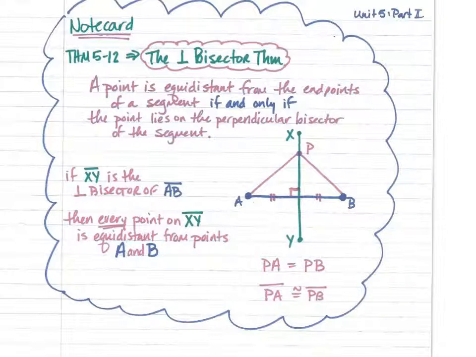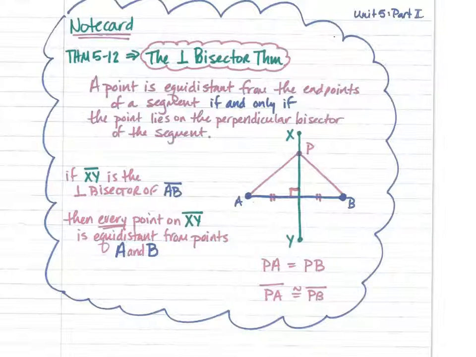Now the perpendicular bisector, and we'll talk a little bit more about this next week, is going to intersect the segment with a right angle and at its midpoint. So we have a perpendicular bisector here, segment XY is the perpendicular bisector of segment AB. That means that every point on segment XY is equidistant from the endpoints of segment AB.